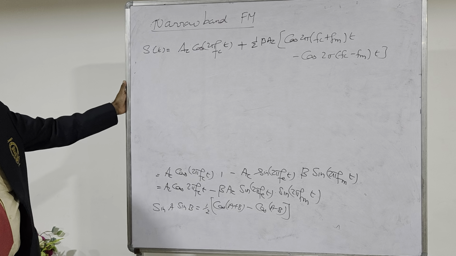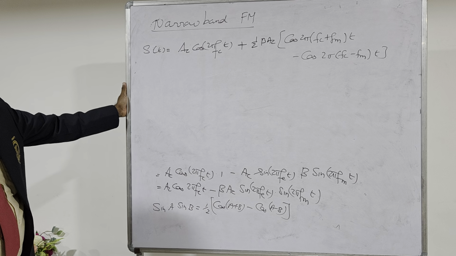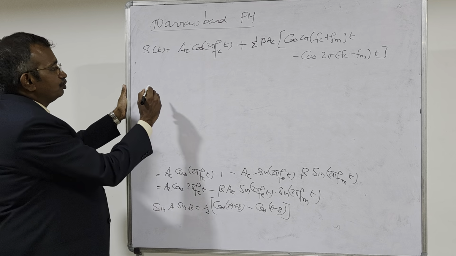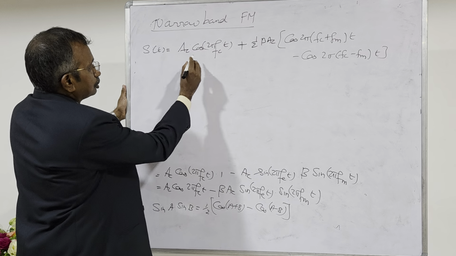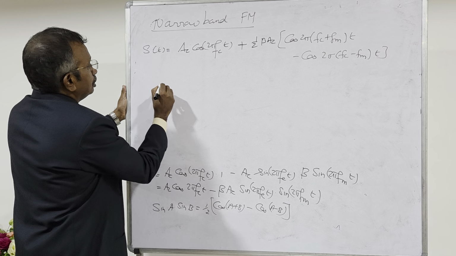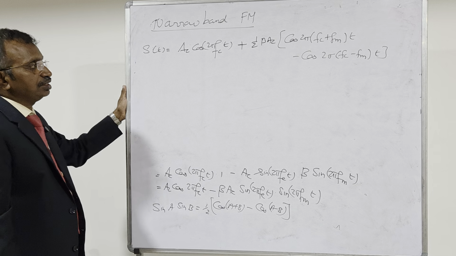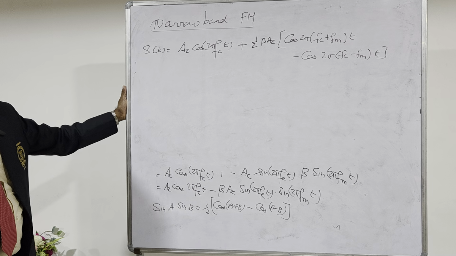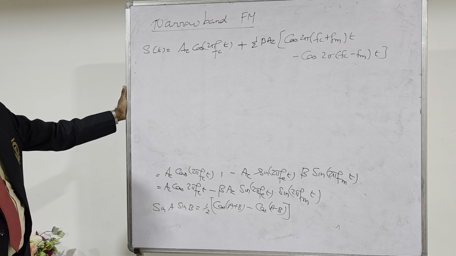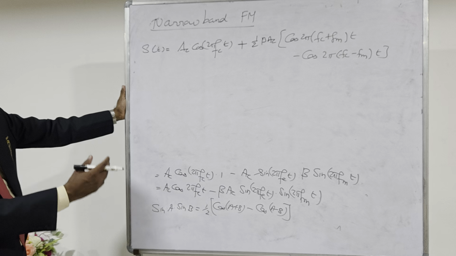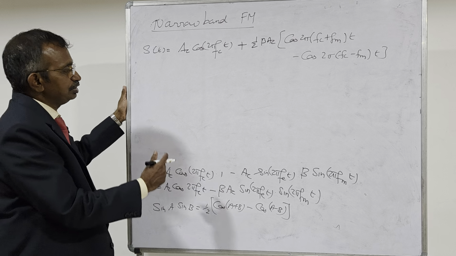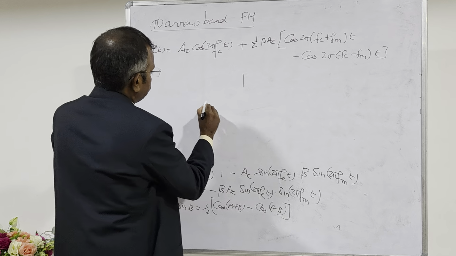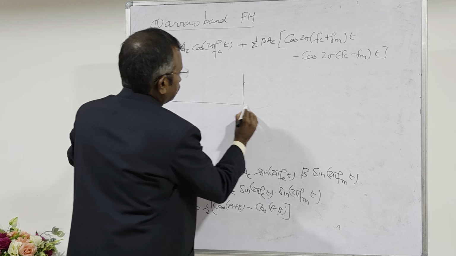So when you plot the spectrum of the signal, the Fourier transform of cos 2πfct will give you [δ(f − fc) + δ(f + fc)]/2. So that we will be able to draw the spectrum of the signal. This will be the spectrum for fc.